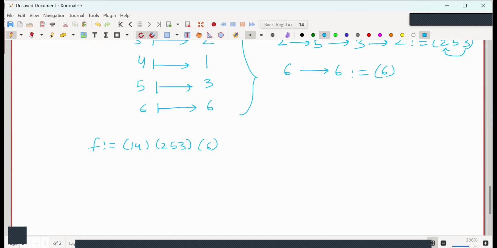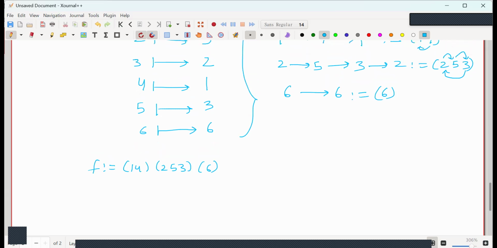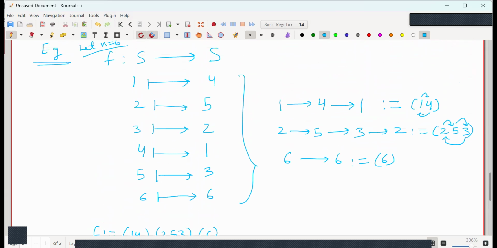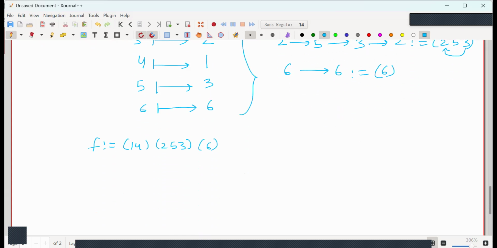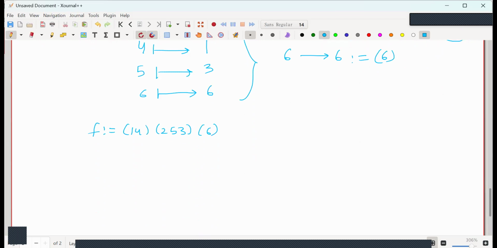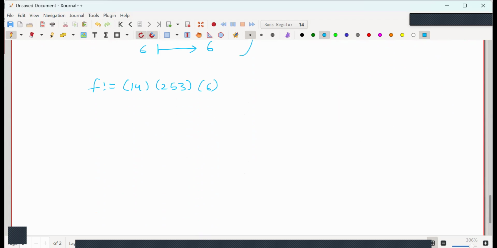Is it clear? You can express such a bijection on n symbols by this cycle notation. I hope it's clear.